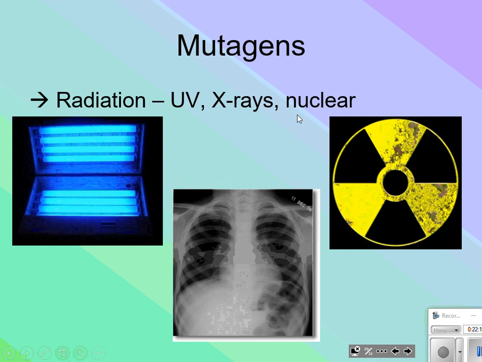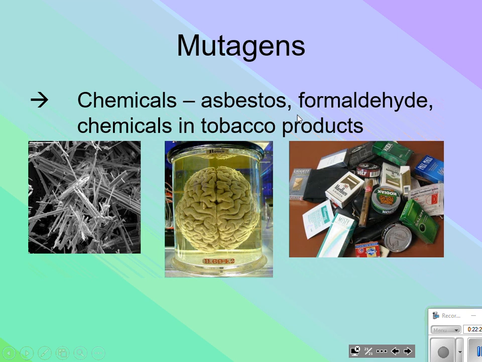Those all can cause mutagens. Okay. Chemicals. Okay, chemicals are mutagens. Asbestos, formaldehyde, chemicals that are in tobacco products. All of those are mutagens.